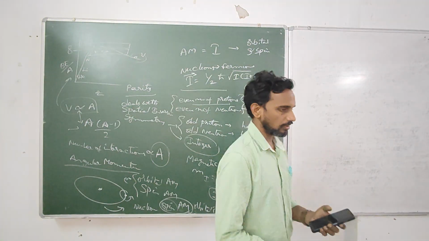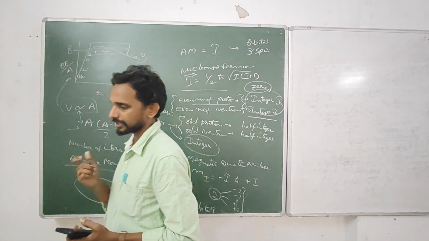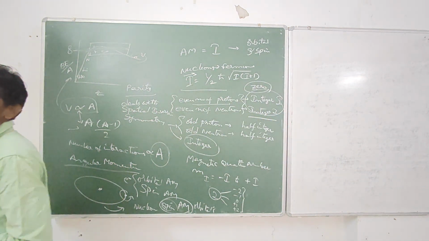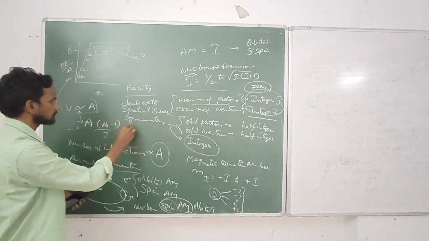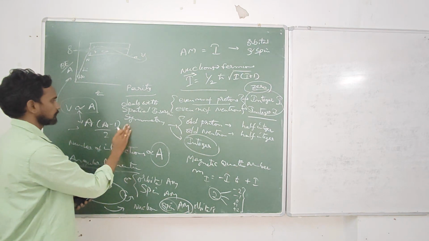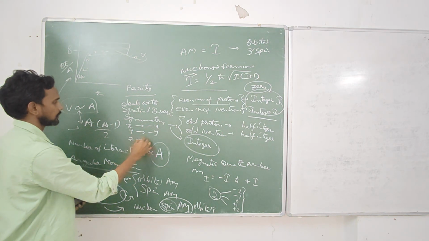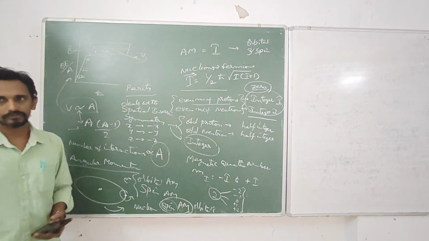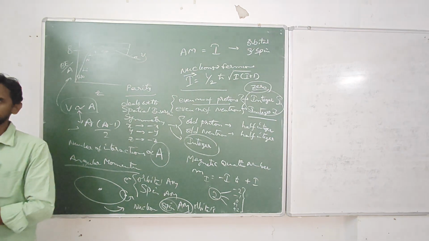So when you take any nuclear particle or the entire nucleus, if you perform the spatial inversion operation, what is inversion? You have to transform x to minus x, y to minus y, and z to minus z. So keep 3 mirrors along x, y, z directions.